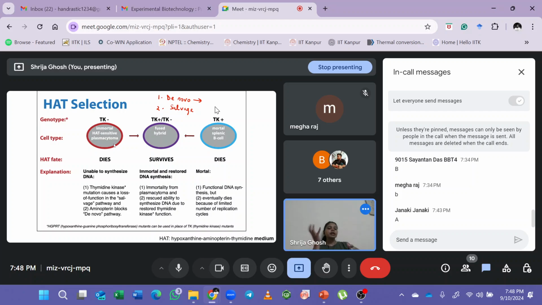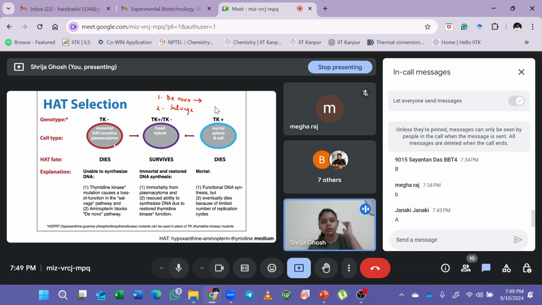So the immortal myeloma cells are now using the salvage pathway of the B cells, because now it's a hybrid, right? Whatever is there in the B cells can be used by the myeloma cells, and whatever is there in the myeloma cells can be used by the B cells. So it's a fusion. They can remain immortal by synthesizing their own DNA, and since it's a cancer cell, it can keep on growing.